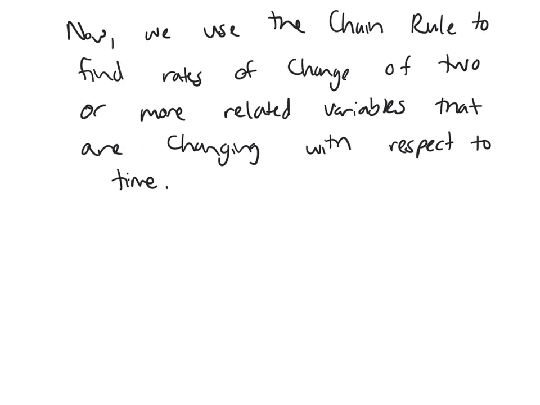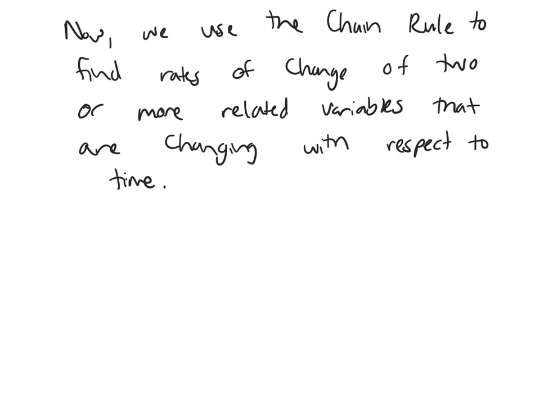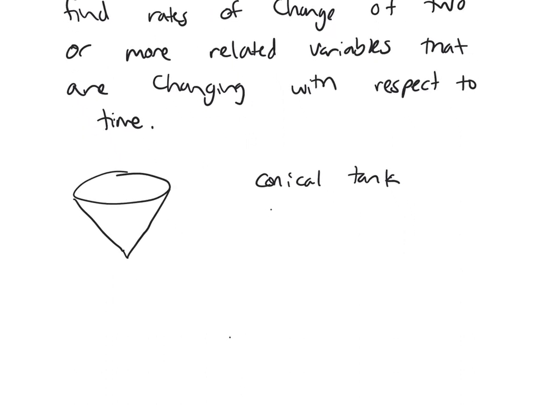So let's look at this problem right now. Let's say I have a conical tank. Just means I have a cone-shaped tank here containing some water, and we're gonna drain water out of this tank.